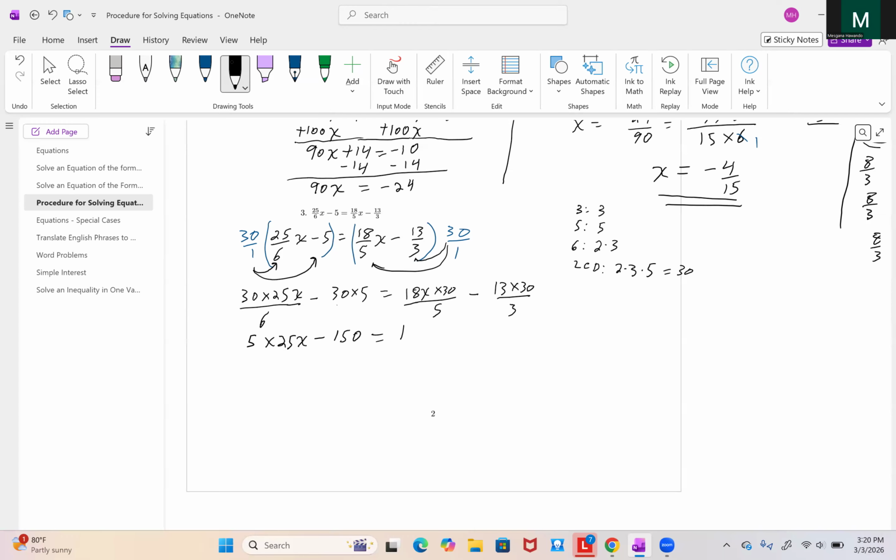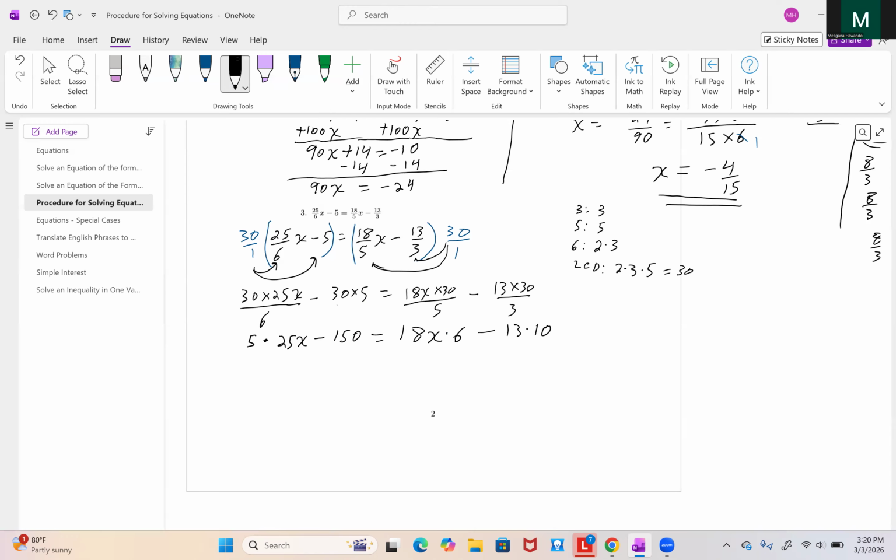So we have 18x times 6. I replace this multiplication by a dot to distinguish between the variable x and the multiplication sign, minus 30 and the 3 can cancel. 30 over 3 is 10. So we have 13 times 10.